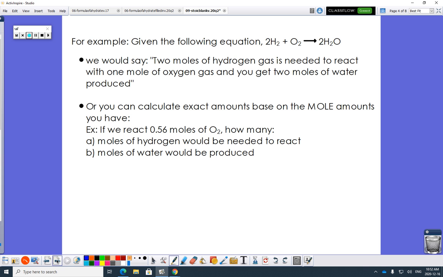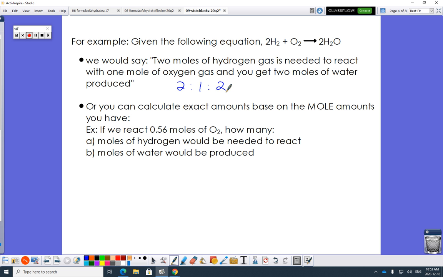You can write it like this, like 2 to 1 to 2, right? Stuff like that. Or if you took biology, the phenotypic ratio, and you do all those things. But really what we're trying to say is, in a very basic sense, we need twice the amount of hydrogen to make a reaction occur, and we're going to get 2 times the amount of water produced compared to oxygen, but the same amount in moles as hydrogen, okay?